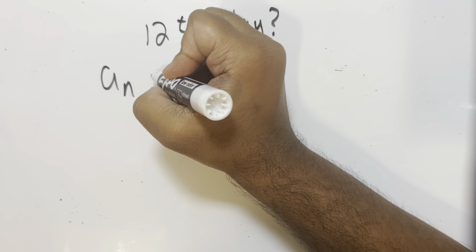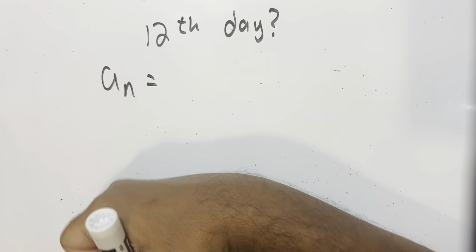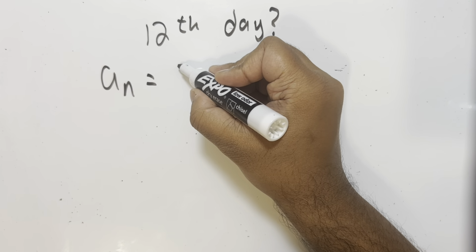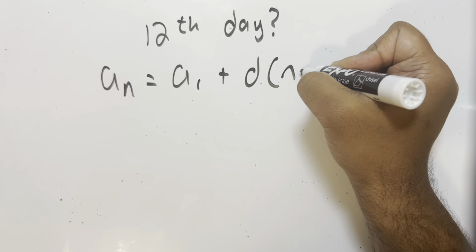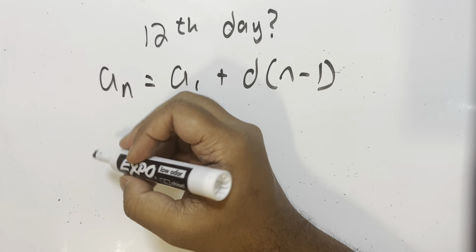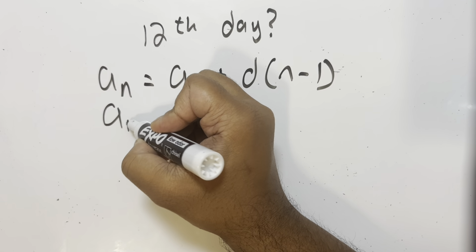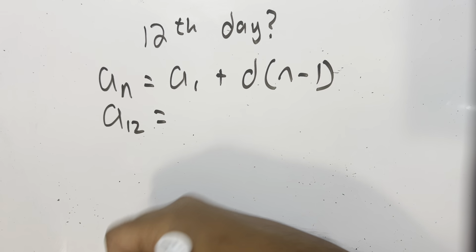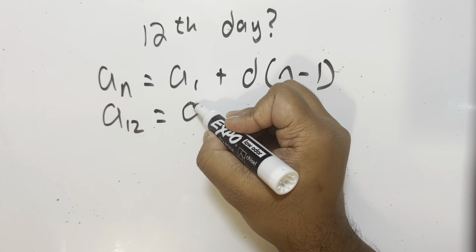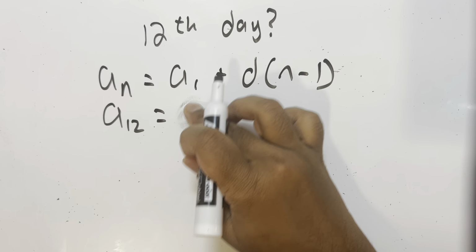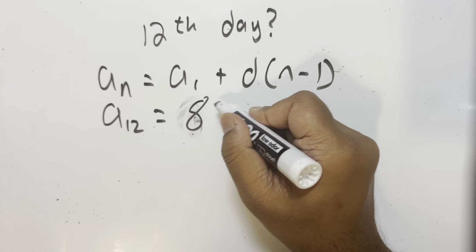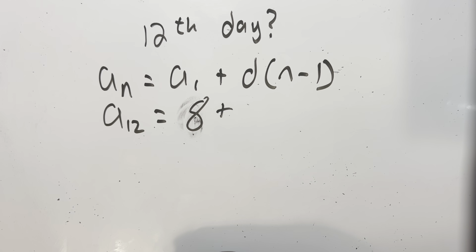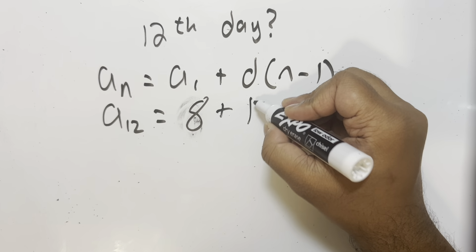Our explicit formula says A of n equals A of 1 plus common difference times n minus 1. I'm just going to plug it in. We have A of 12 equals A of 1, which is 8, in our problem.